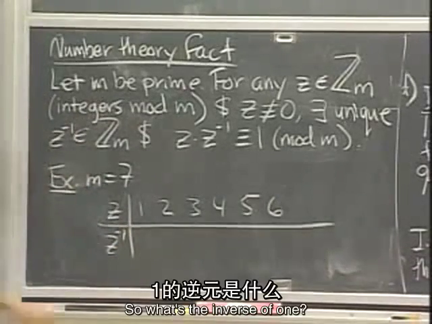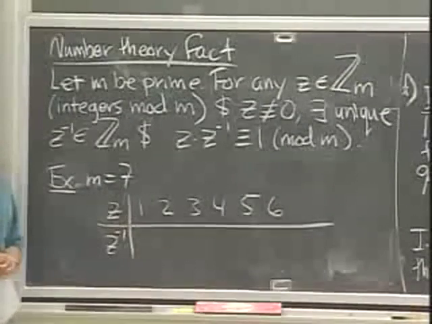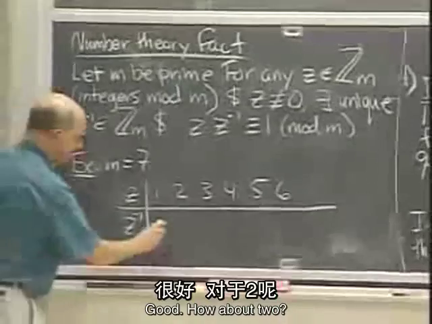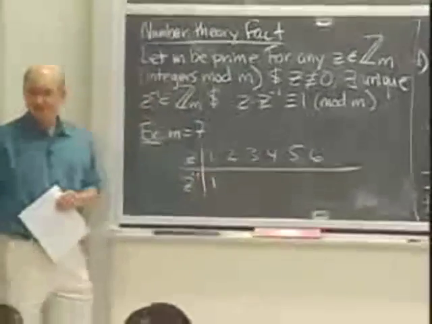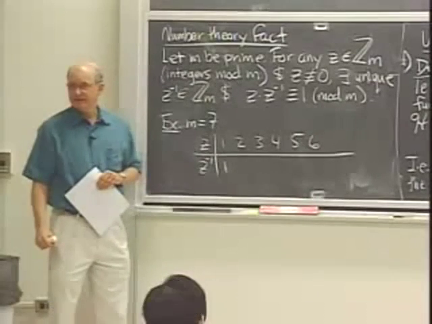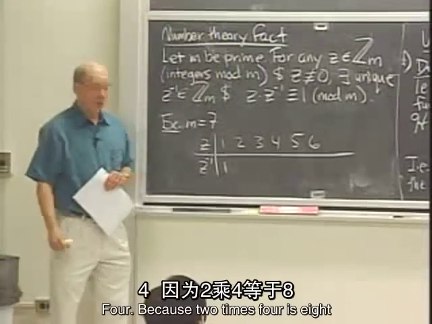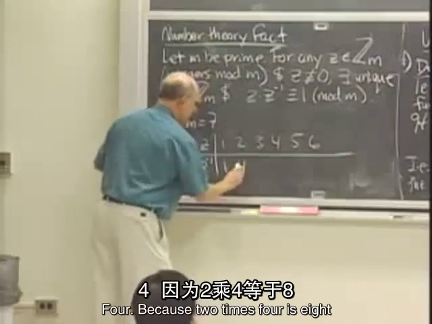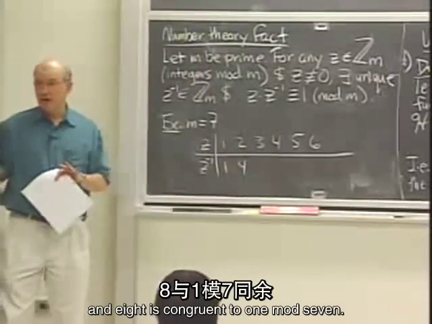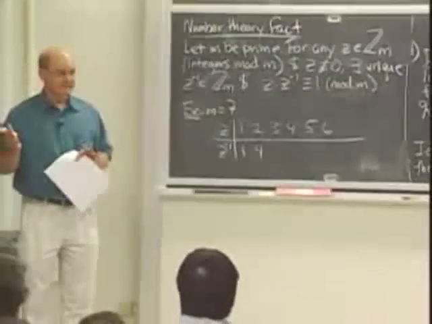Okay, so what's the inverse of 1? What number when multiplied by 1 gives me 1? 1, good. How about 2? What number when I multiply it by 2 gives me 1? 4, okay, because 2 times 4 is 8, and 8 is congruent to 1 mod 7.